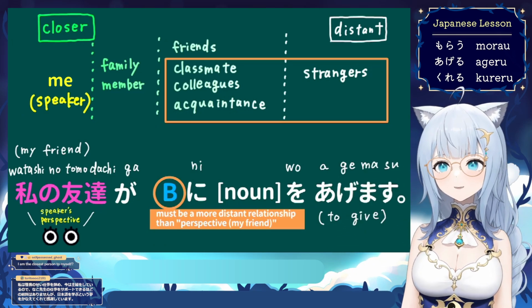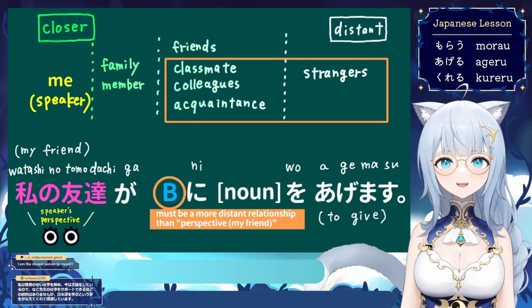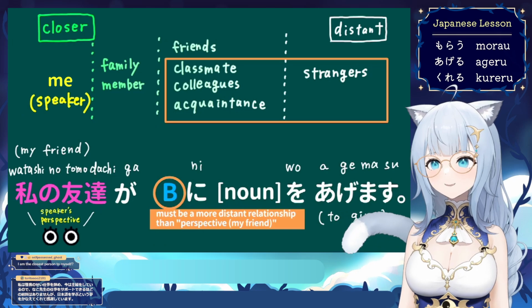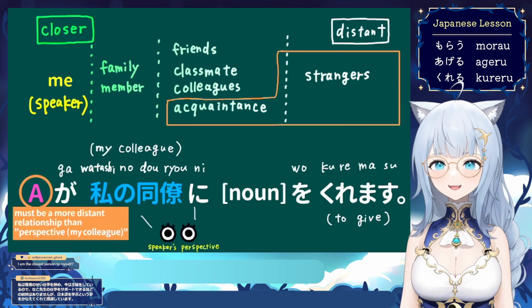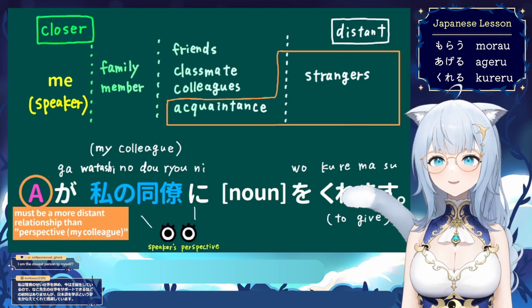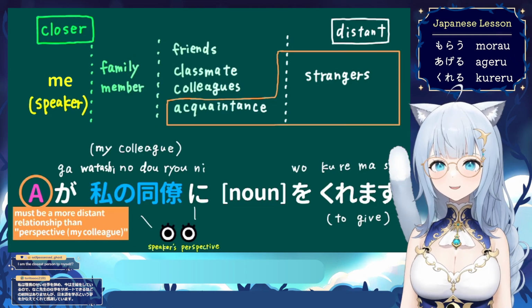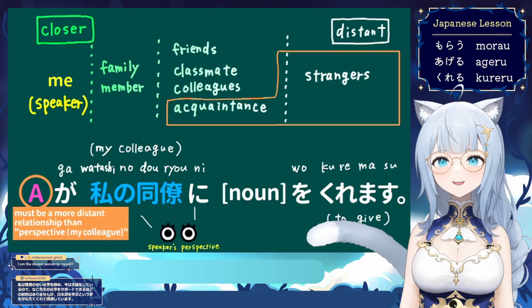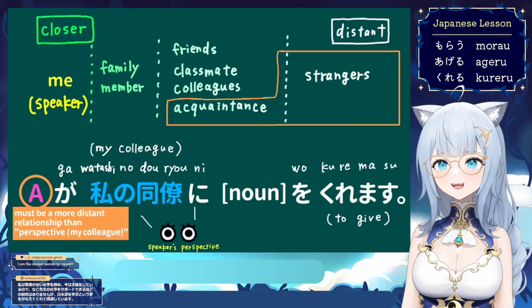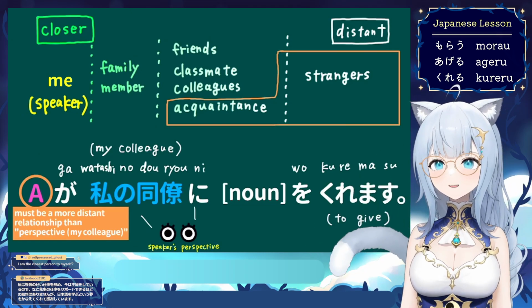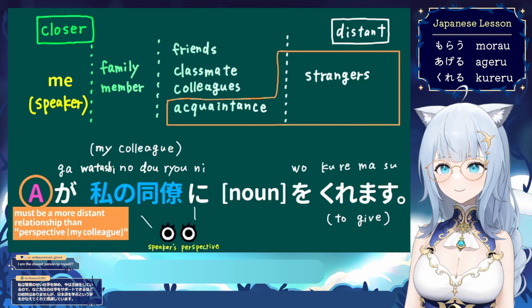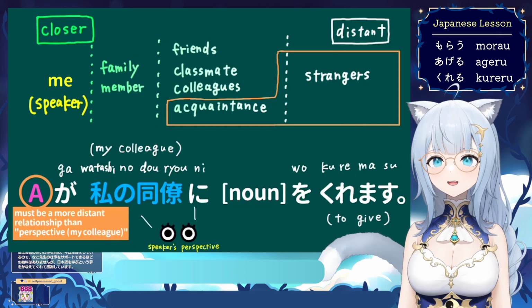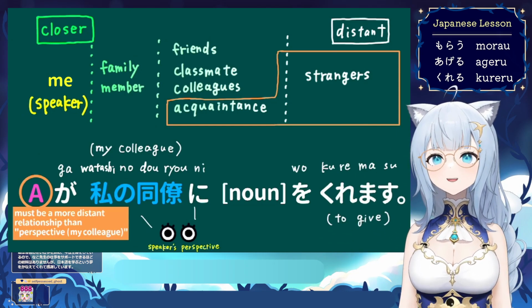So the receiver should be a more distant relationship than my friend. くれます。A が私の同僚に何々をくれます。So A gives something to my colleague. This giver A must be a more distant relationship than my colleague.